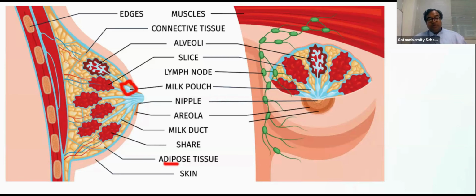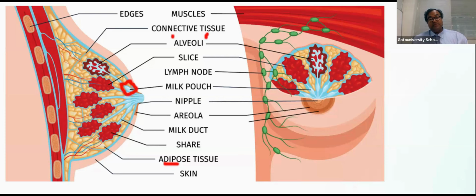Over the alveoli is a cluster of blood capillaries which is present over the mammary gland tissues, supporting the milk production to happen. The connective tissue is present around the mammary gland.